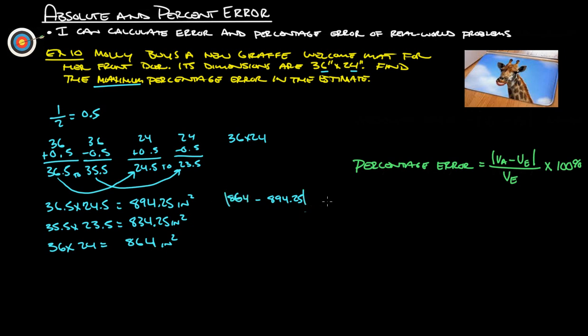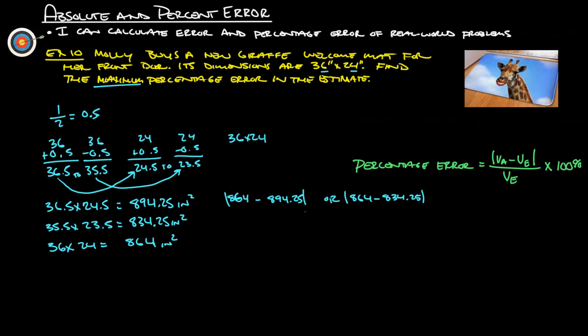So we take the absolute value of that. Or it could have been as small as 834.25, and we take 864 minus that. We want to find out which of these two is bigger, then find the percentage error of the bigger one, and that would be our maximum percentage error.